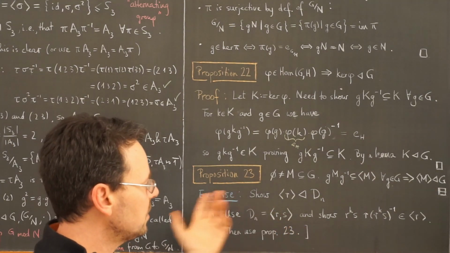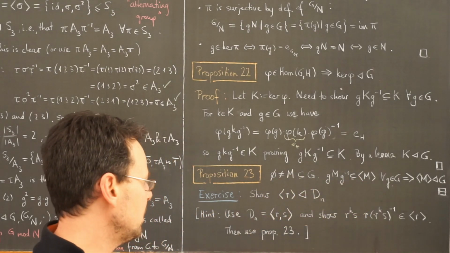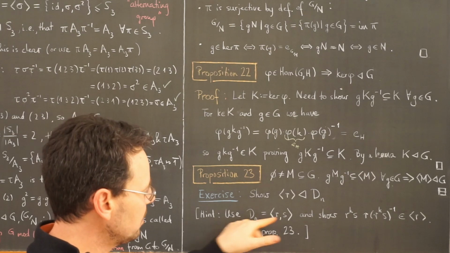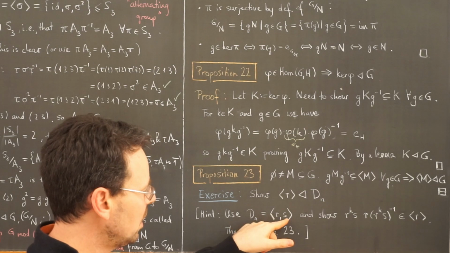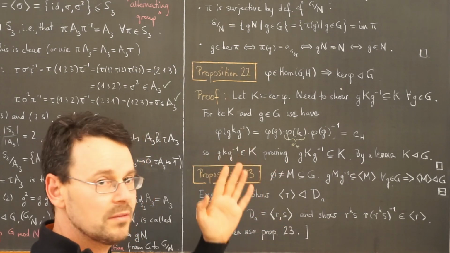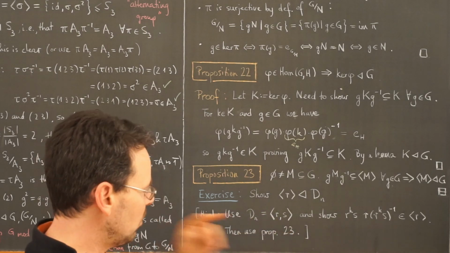And to prove this is rather tedious, but using this proposition here it gets a bit easier, because we use the fact that Dn is generated by R, this rotation, and the reflection about any of the symmetry lines, it doesn't matter which one. We proved this a long time ago.